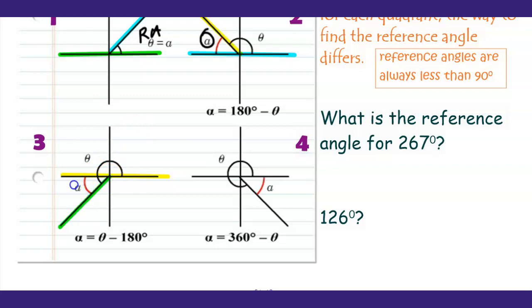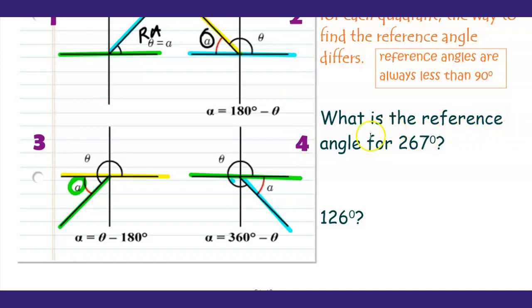So there's my reference angle, the angle measure between the horizontal axis and the terminating side. Oops, that's a terrible line right there. There we go. So right here is an example.